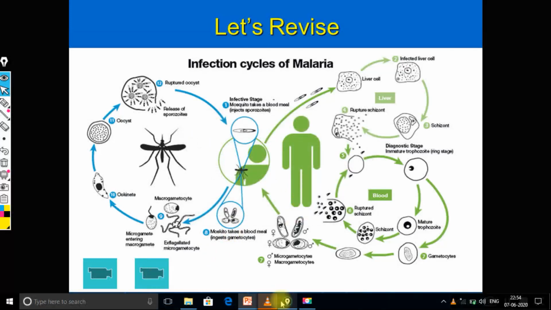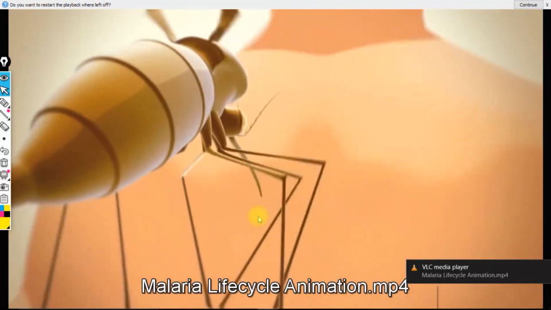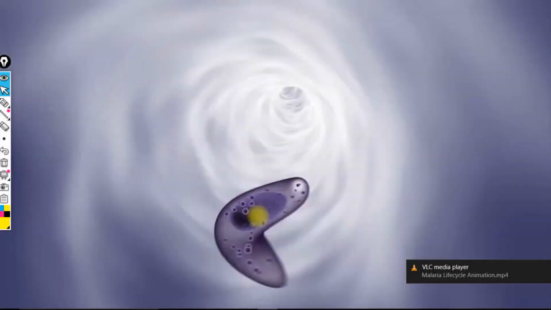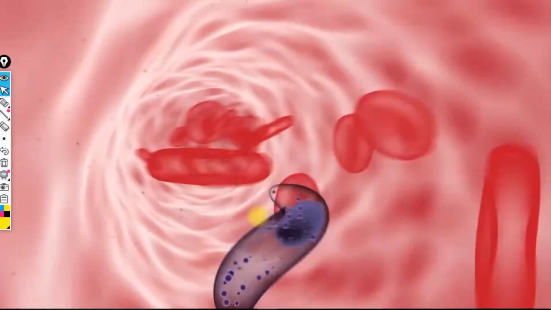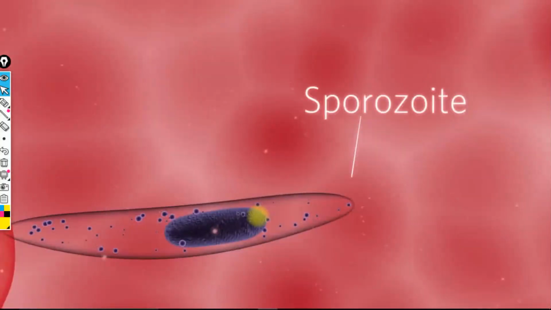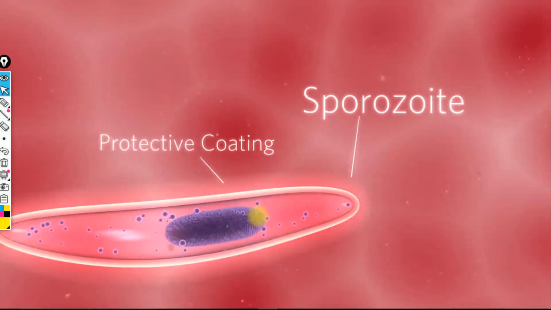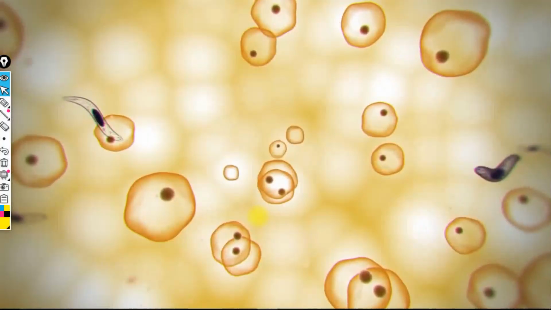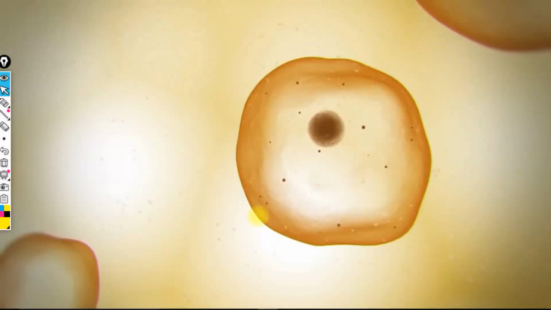The malaria parasite's life cycle is very complex, involving many stages. As the mosquito feeds, malaria sporozoites enter into the human bloodstream. They quickly make their way to the liver and infect liver cells with the help of the circumsporozoite protein.